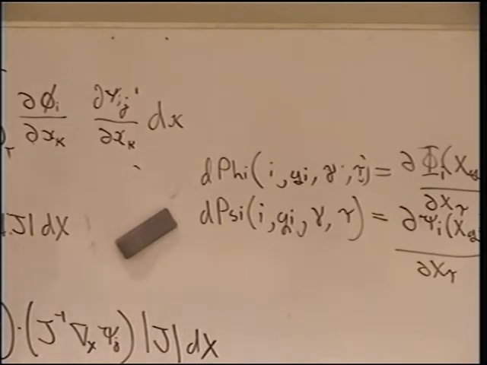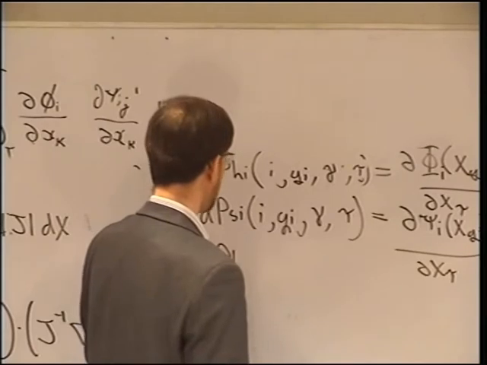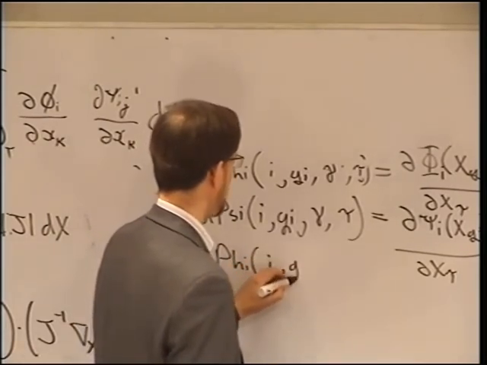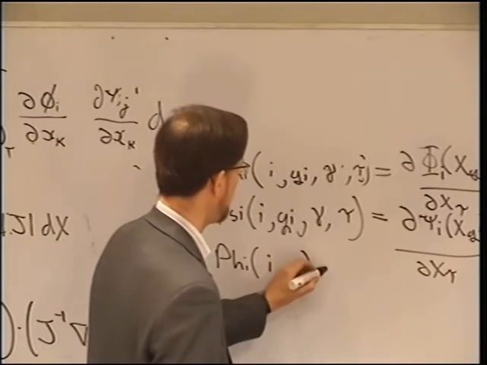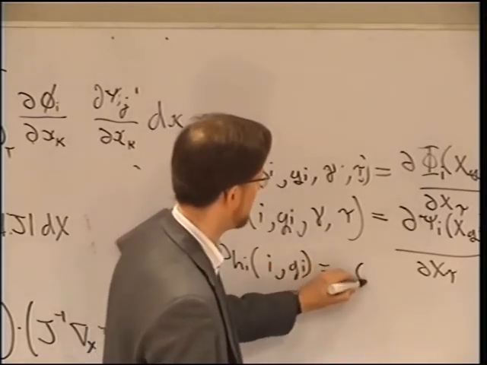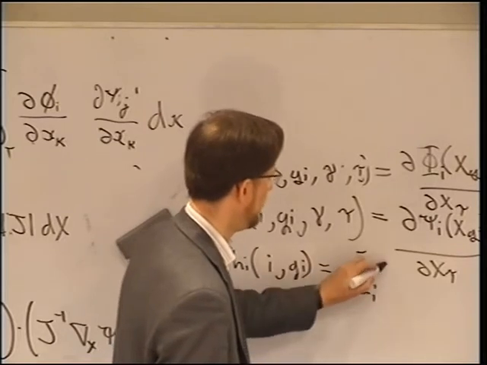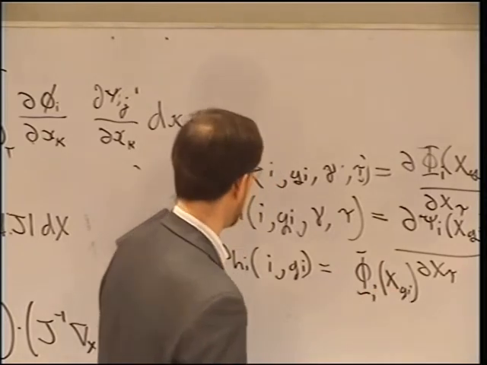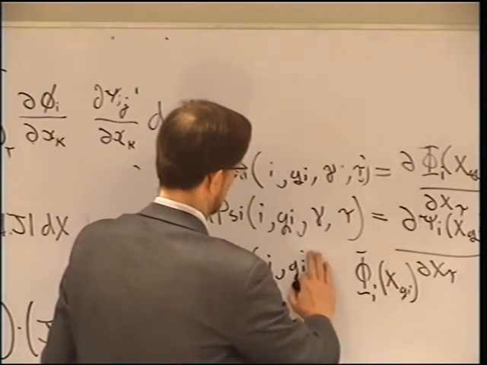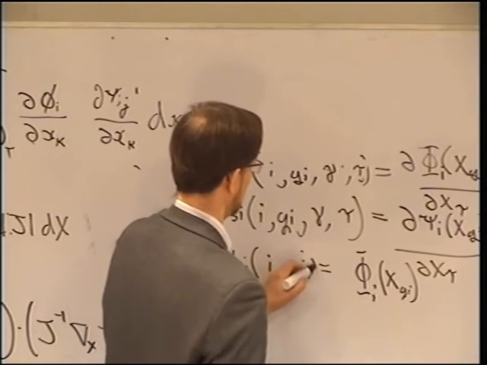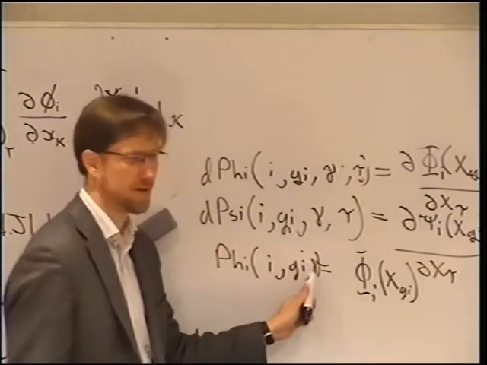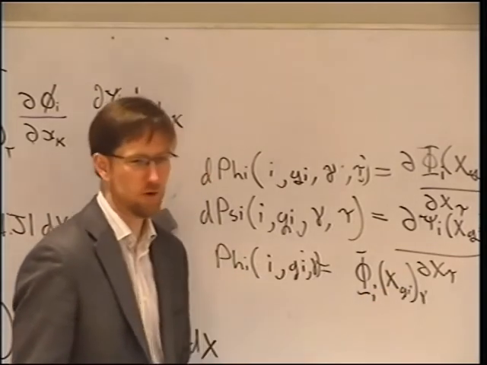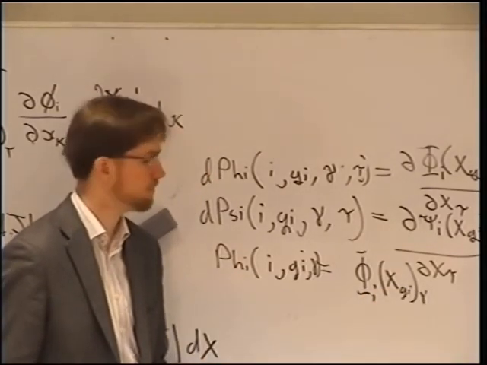And then the static data I would need would be, say, phi I, G I, which would just be the basis function phi I evaluated at G I, potentially with a gamma. If it were a vector valued basis function, I would need to store the component of the basis function at that point.